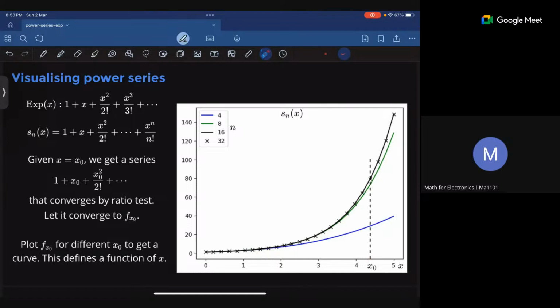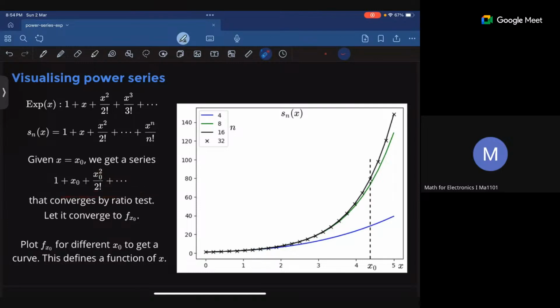Okay. So like this at x naught. If you fix x naught, you will compute this 1 plus x naught square by 2 factorial plus and so on. You will see that initially when you take n is equal to 4, your value will come up like this. As you increase n, your value will change and slowly converge to one particular value. So now it is independent of x.